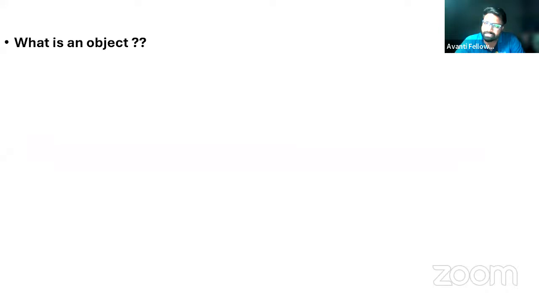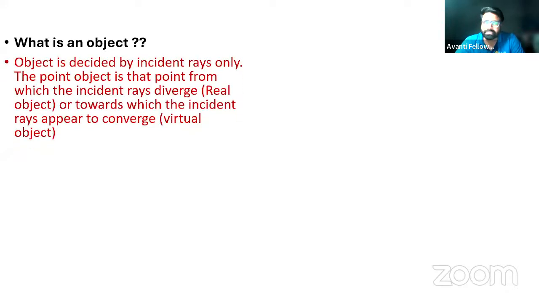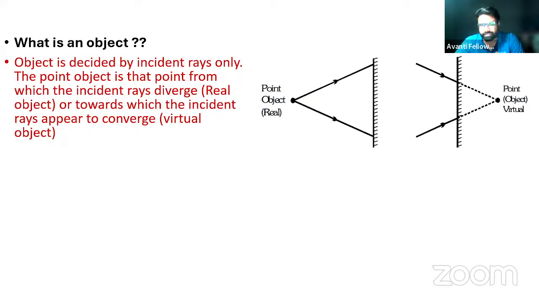From where the incident ray is coming, or appears to come, that particular point is termed as the point object. So the object is decided by the incident rays only. The point object is that point from which, or towards which, the incident ray appears to converge. For example, like this.